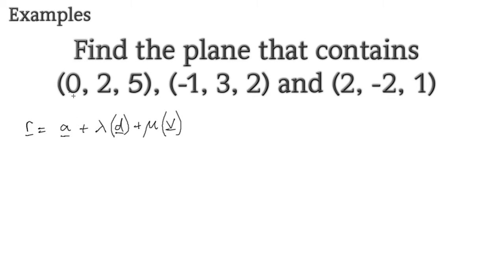So let's have a look. In this certain scenario, if I call (0, 2, 5) point A, (1, -1, 3, 2) as B, and (2, -2, 1) as C, so I've got 3 points.